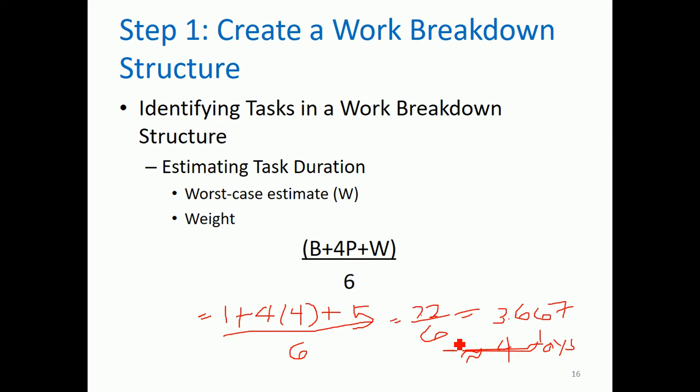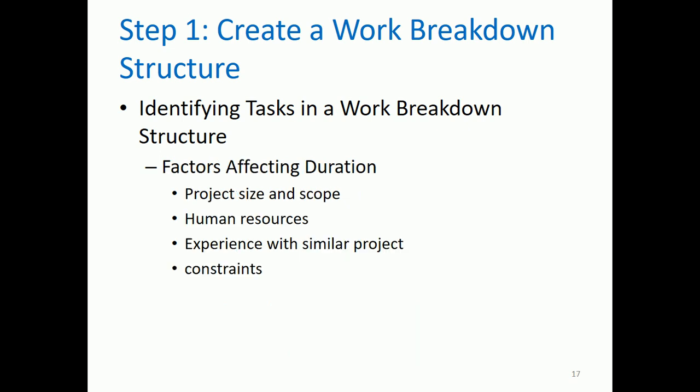You have to identify the earliest duration, then the probable case, and the longest duration that you would take to finish the activity, and then add them up and divide by 6. So that is estimating task duration.